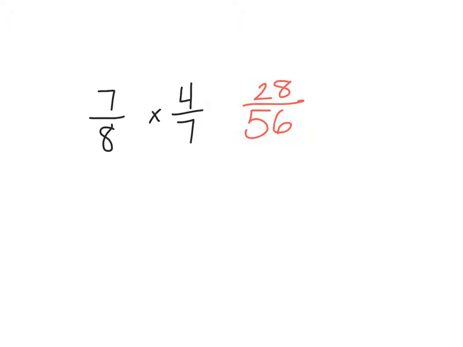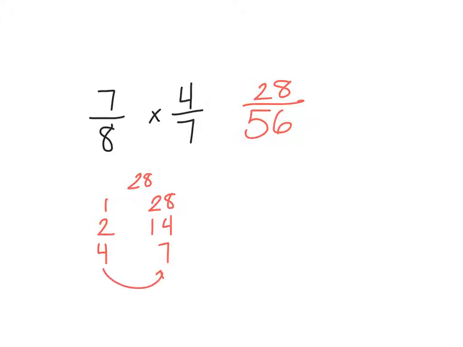So if I list my factors of the number 28, 1 and 28, 2 goes into it because it's even, 2 and 14. 3 does not go into it, but 4 does, 4 and 7. 5 does not, 6 does not, and then I'm back to my 7.